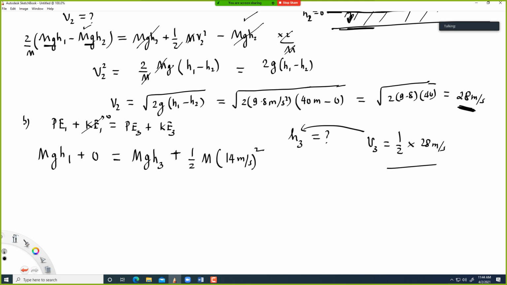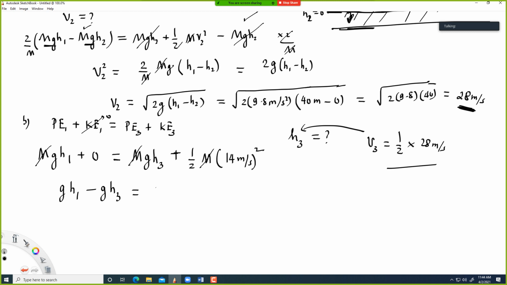Here also we have m on all the terms, so you can cancel m, m and m. So we have gH1 left here, and then you can take this gH3 to the left.